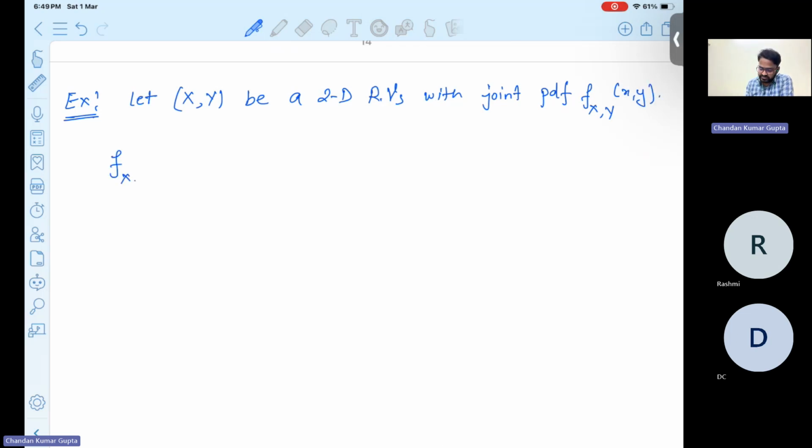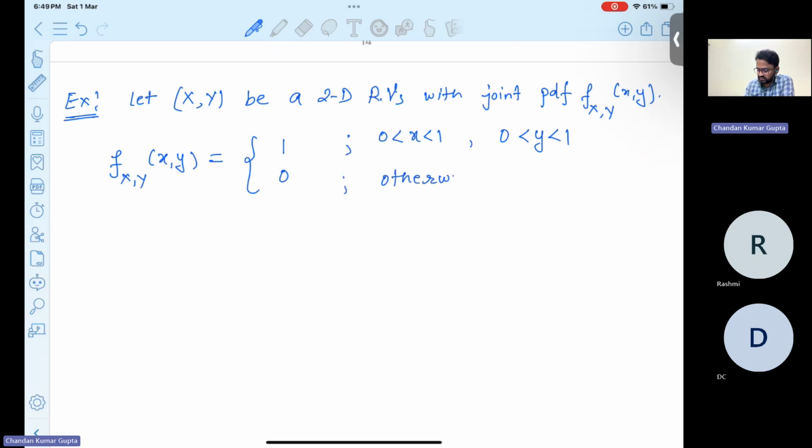It is defined as 1 when the value of x lies within the open interval 0 1, and the value of y also lies within the open interval 0 1, and 0 otherwise. This is how the joint distribution of x and y is defined. Now we need to find the distribution of the transformed random variables. So let's define z equal to x plus y, and w equal to x minus y.